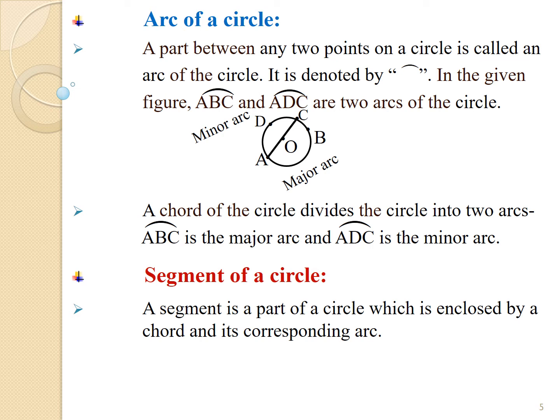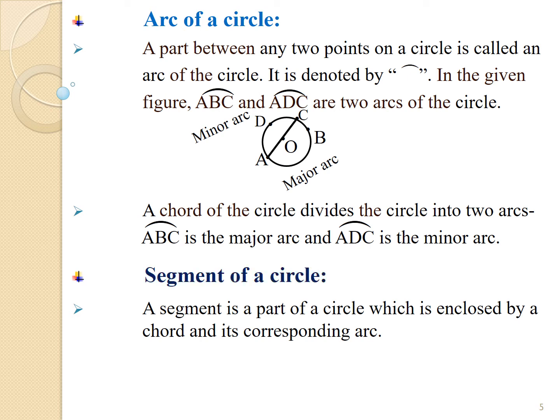In the given figure, ABC and ADC are two arcs of the circle. A chord of the circle divides the circle into two arcs. ABC is the major arc and arc ADC is the minor arc.